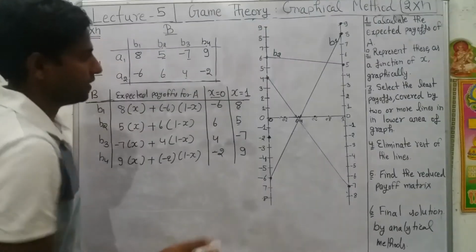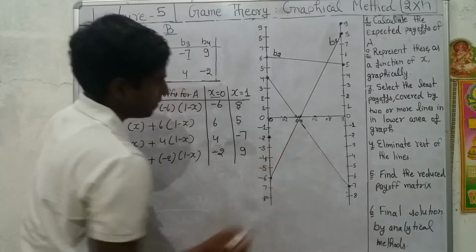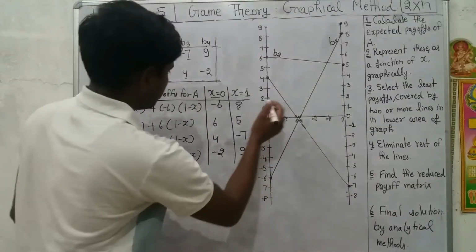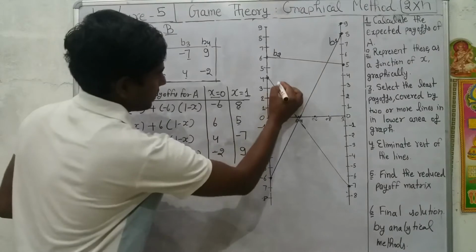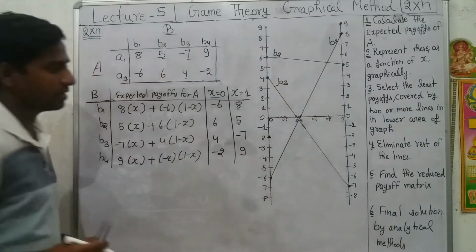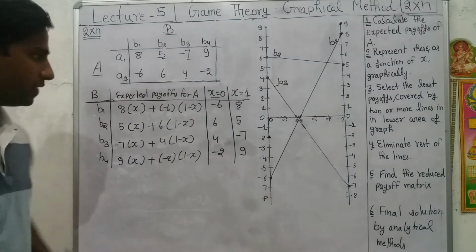So in this way we draw this line, and the name of this line would be B3, as this line represents the payoff in response of strategy B3.